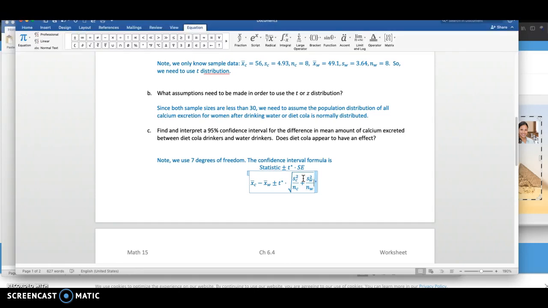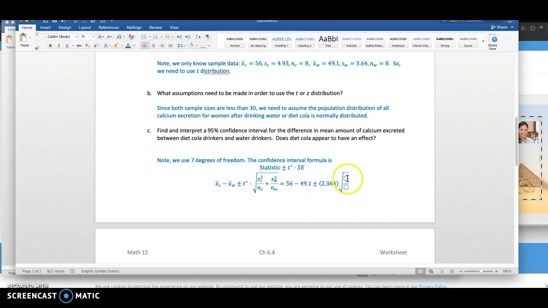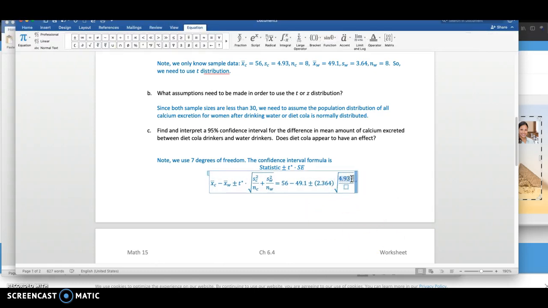Alright, and if we were to plug all this in, this would be identically equal to 56 minus 49.1 plus or minus t star, actually I'm going to write this down, 2.364, and then we're going to multiply this times, if we plug this all into the formula, 4.93 squared divided by 8 plus 3.64 squared divided by 8.